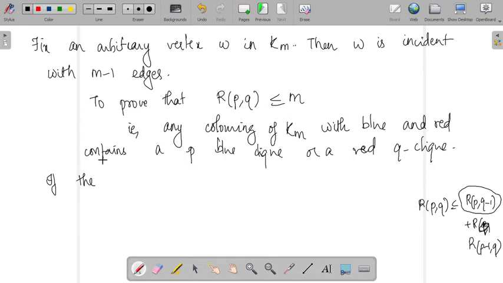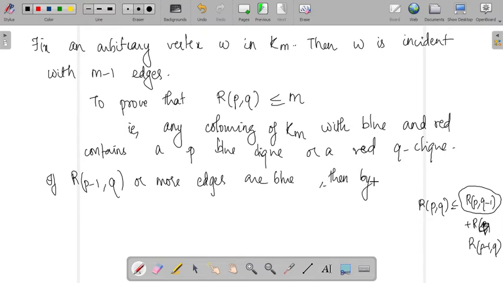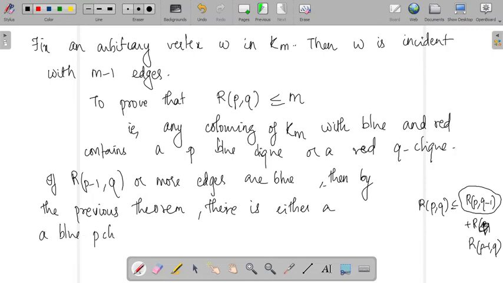So by the previous theorem, if R of P minus 1, Q or more edges are blue, then by the previous theorem there is either a blue P clique or a red Q clique in Km.